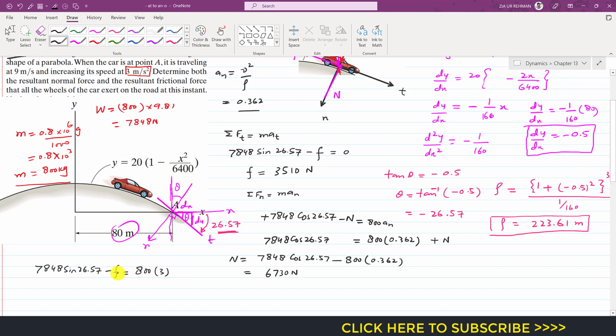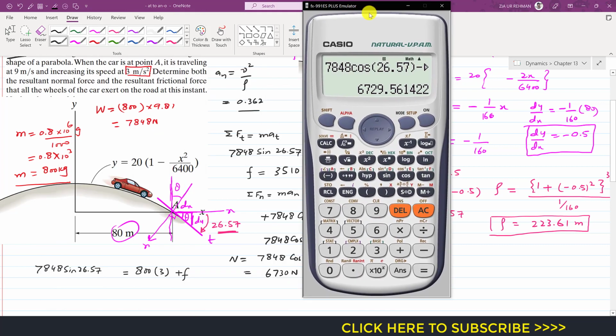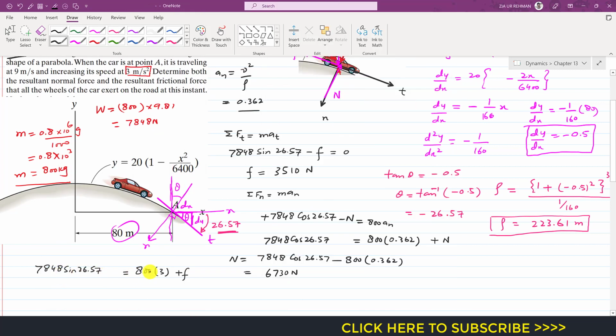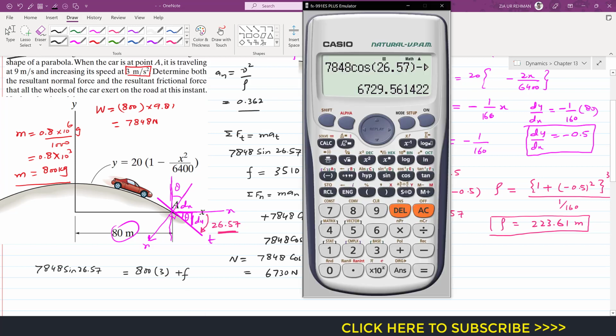So now we can find F. I can bring this F to the right hand side, so it will become positive, and I can bring this to the other side, so it will become negative. So we can say that the frictional force is this sine component minus 800 into 3. So 7848 sine of 26.57 minus 800 into 3.